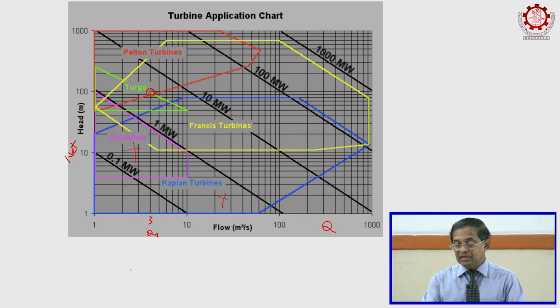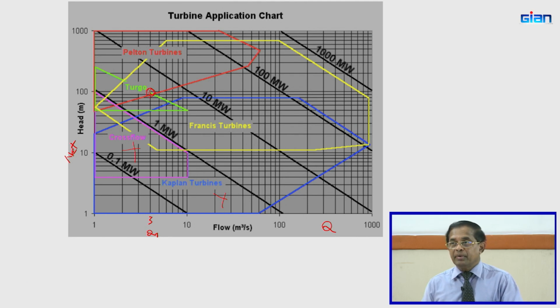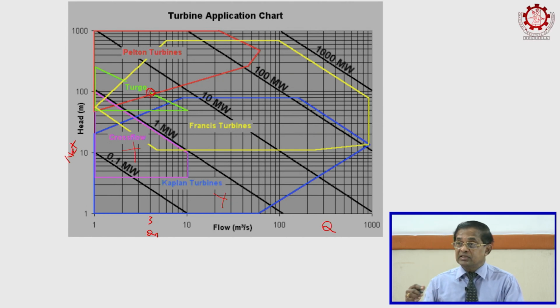So, this is a typical turbine application chart. This is designed by doing various experiments by turbine manufacturers, looking at the specific speed of the turbine and other data, and then they prepare tables like this, which can be used by engineers for turbine type selection. When we discuss the turbine types in a separate discussion, we will go into more details.